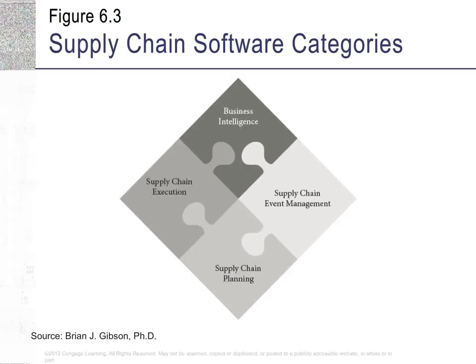Okay, here's part two. And now in part two, what we're doing is we're looking at some of the things that the software that's in the marketplace is actually focused on. And these are the main categories of focus. We have business intelligence, which is more of the analytics. How can we improve our supply chain performance?